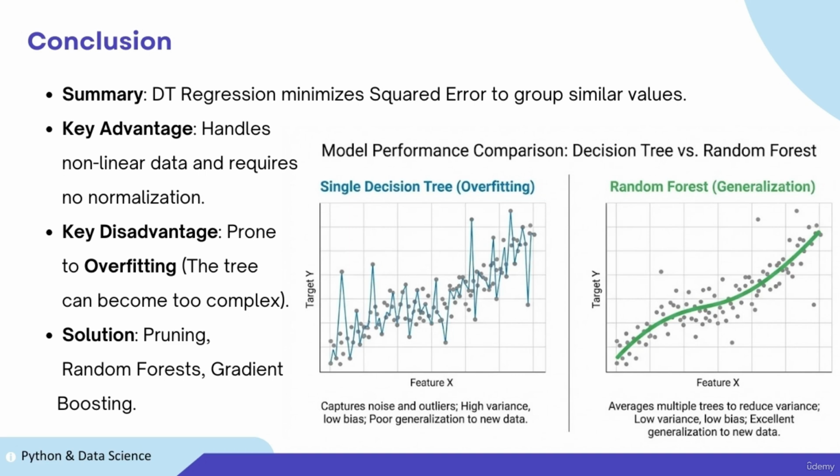The professional solution to this high variance is using techniques like pruning, gradient boosting, or random forests. As you can see on the right, a random forest averages multiple trees together to reduce variance and bias, resulting in excellent generalization to new, unseen data.